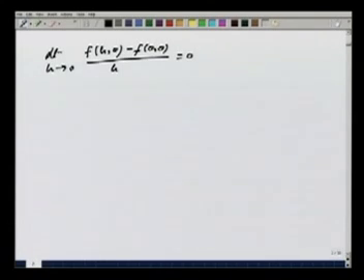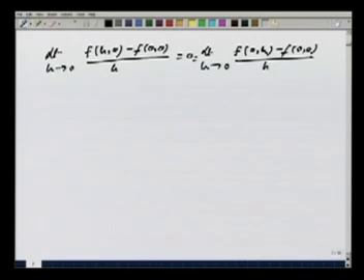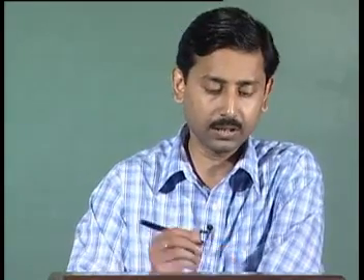So is f of (0, 0). So this quotient is always 0. Hence the limit is also 0. Similarly, limit h going to 0, f of (0, h) minus f of (0, 0) divided by h, that is also 0, because f of (0, h) is 0, and so is f of (0, 0). Now the question is about other directional derivatives.